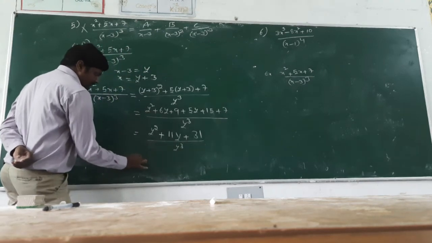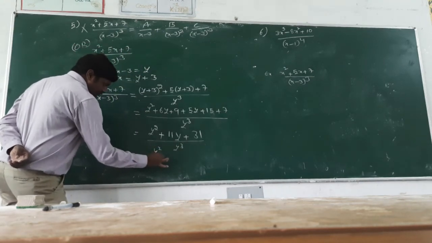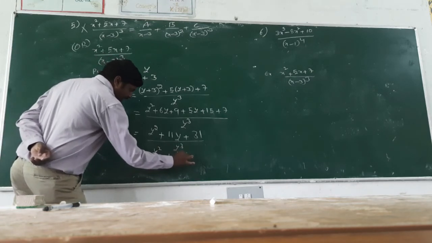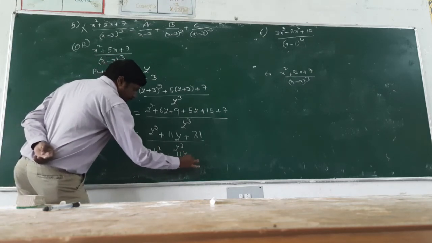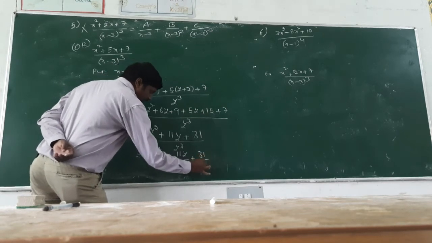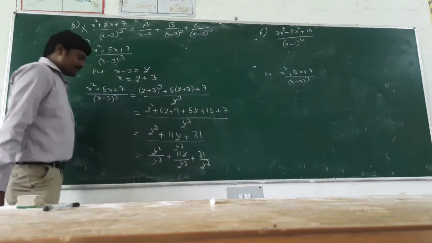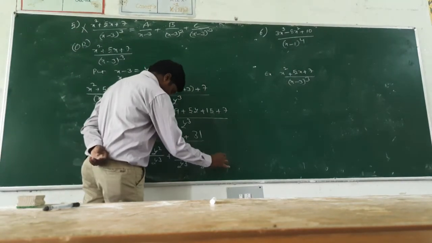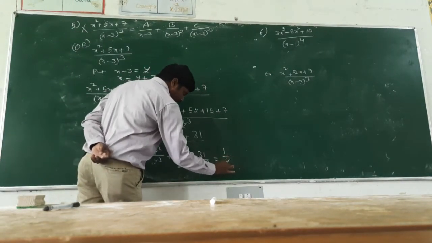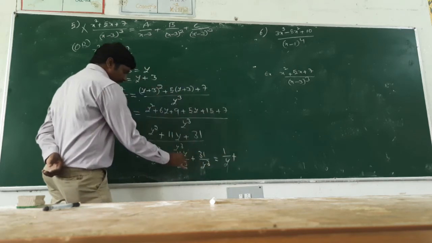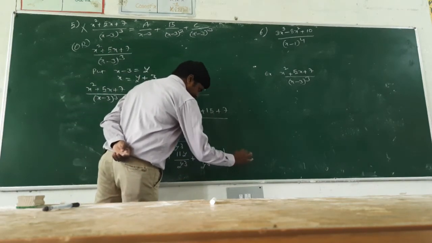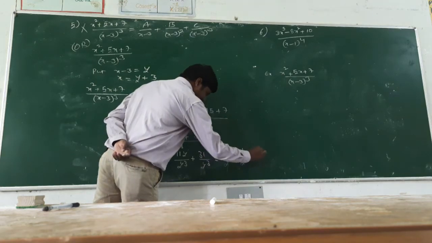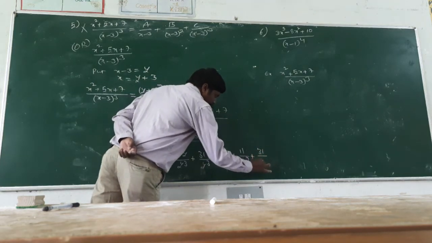Now we split every fraction: y square by y cube plus 11y by y cube plus 31 by y cube. The y square cancels, and the remaining value is 1 by y, plus 11y by y cube, where one y cancels, giving 11 by y square, plus 31 by y cube.